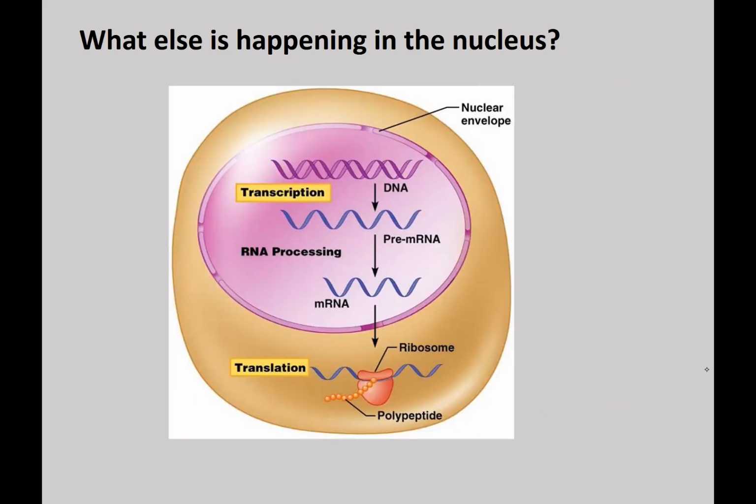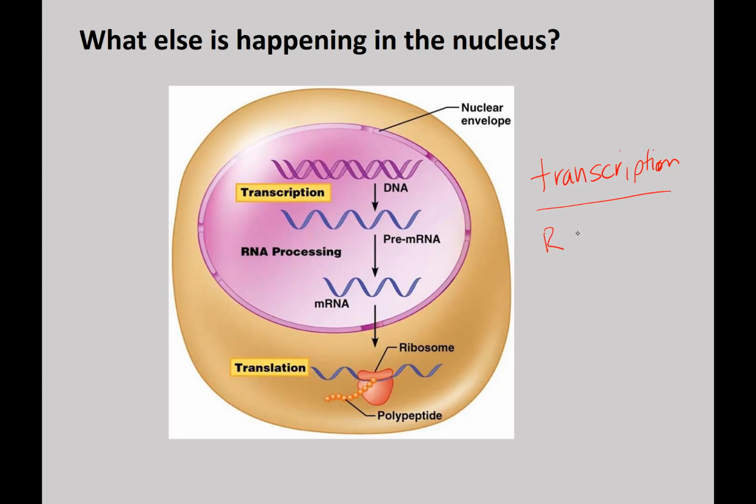What else is happening in the nucleus? Don't forget transcription. So if it's been a while since you've thought about gene expression, review this slide. So remember, transcription is DNA to RNA.